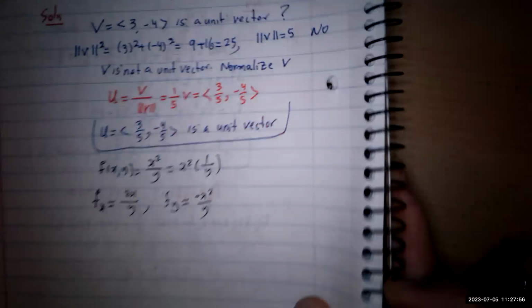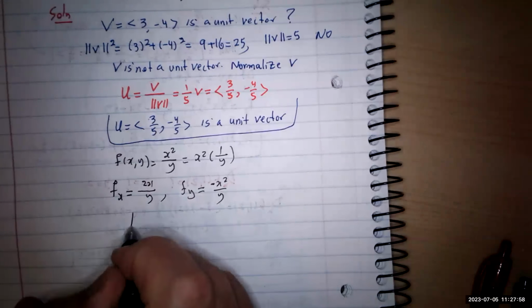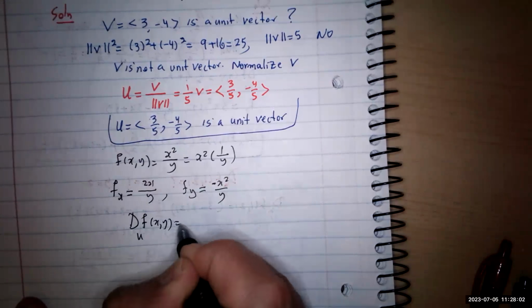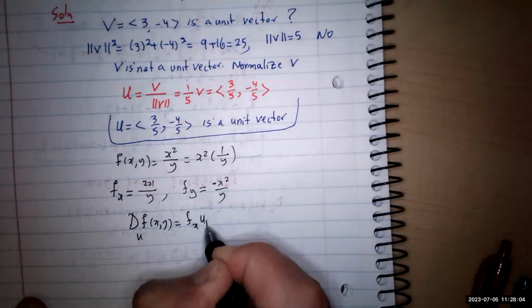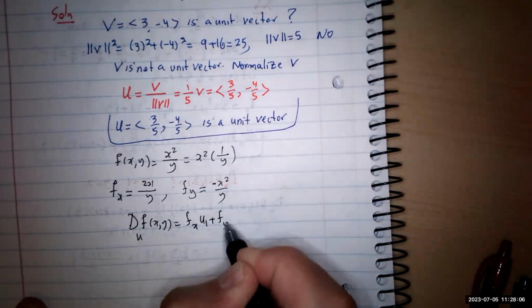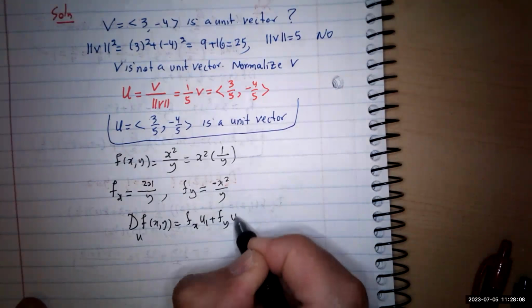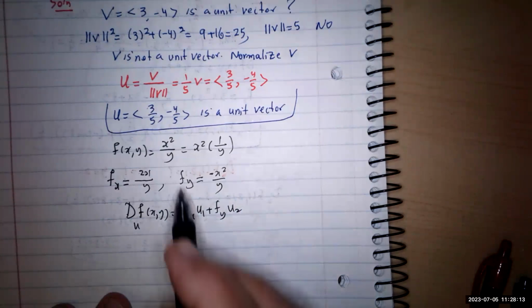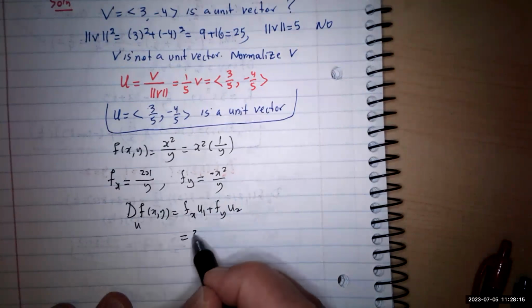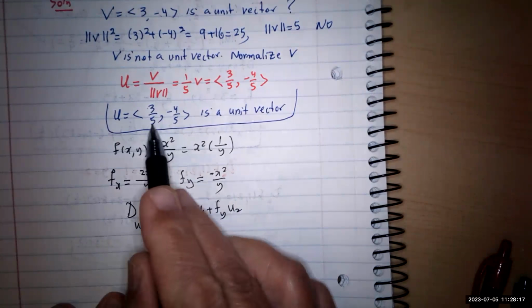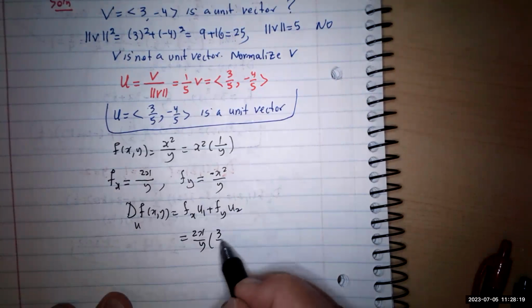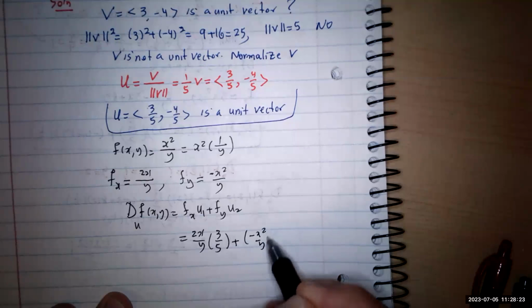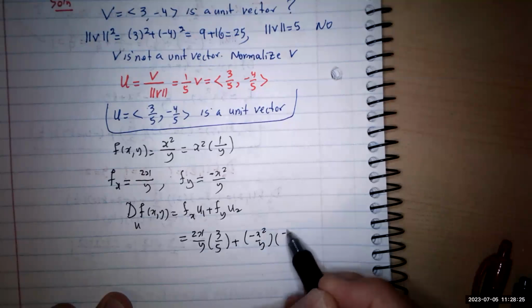Okay, directional derivative. The directional derivative of f at x, y with respect to u is f sub x u1 plus f sub y u2, those partials. Just substitute. F sub x is 2x over y, and u1, of course, is 3/5, plus negative x squared over y squared, times u2, which is negative 4/5.